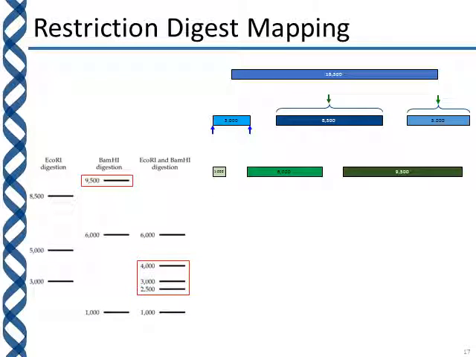So these must be derived from the 9,500, which means that two of the EcoRI sites are present in that fragment of DNA.